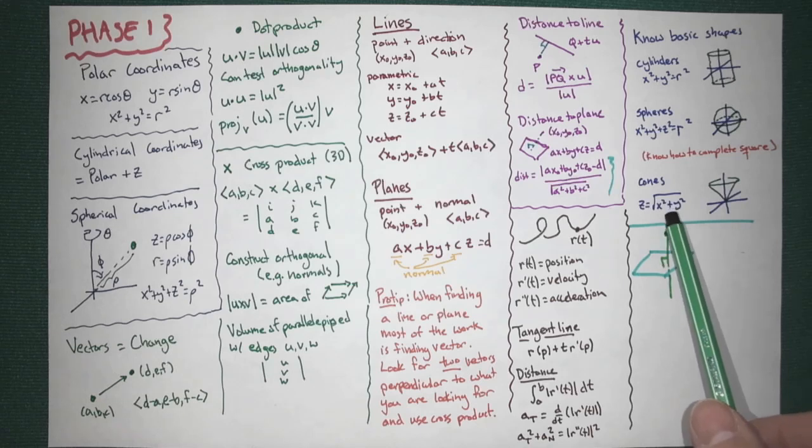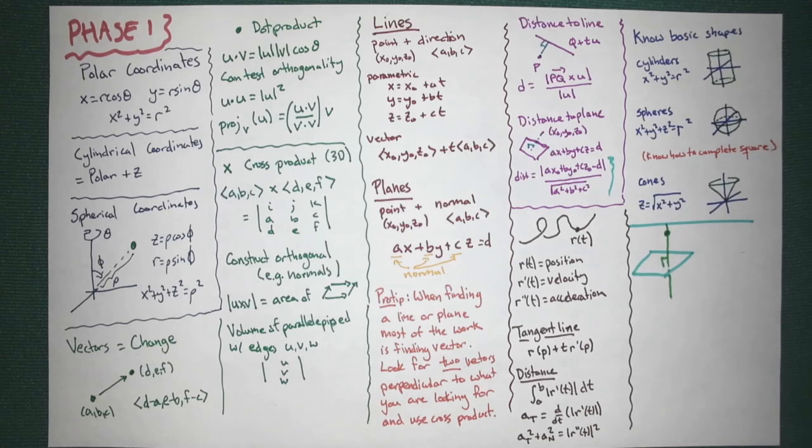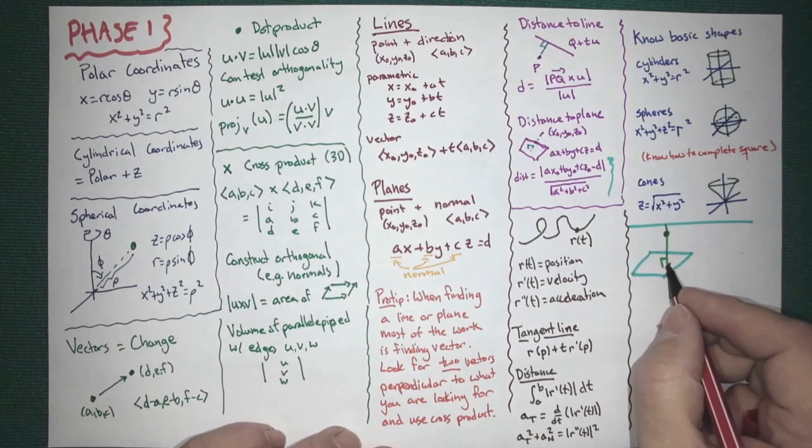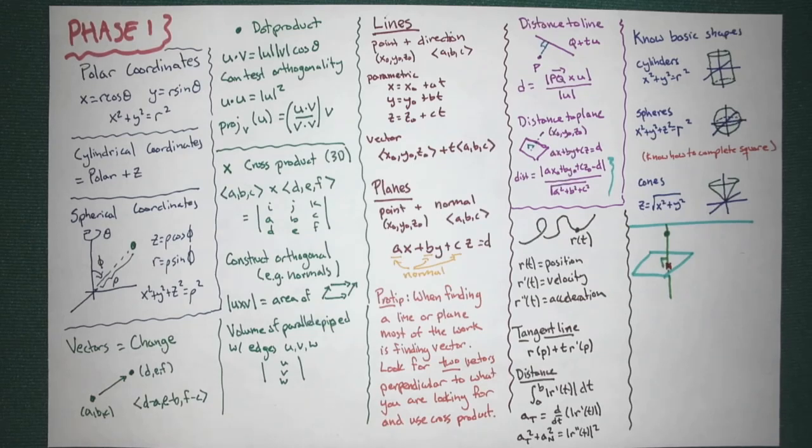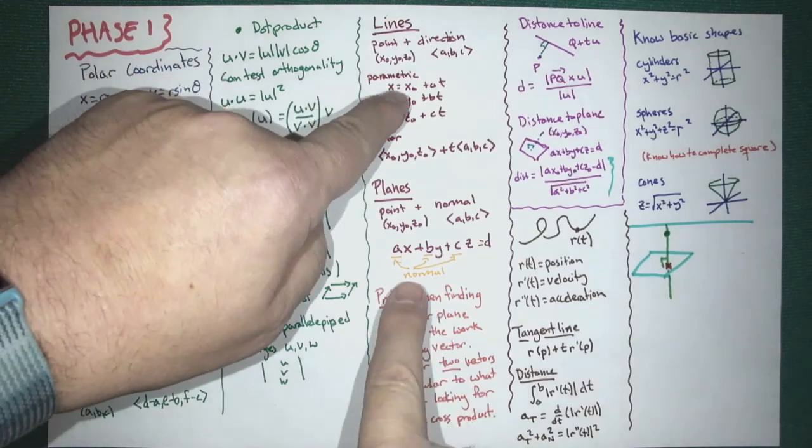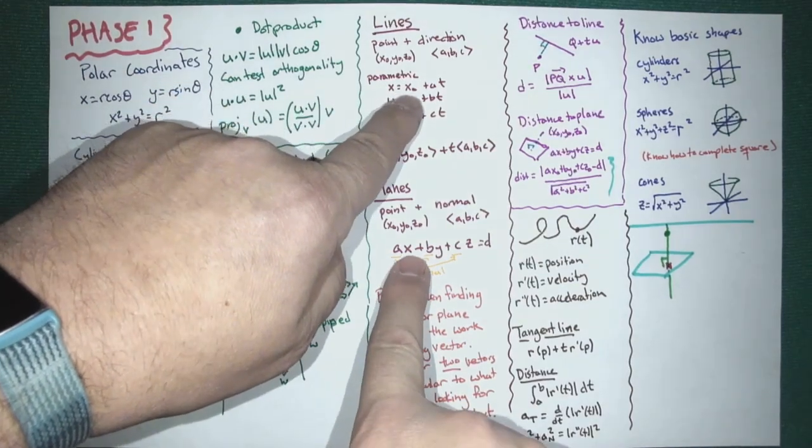Once I have my line, what can I do? If I have a line and a plane, what can I do with those two things? I can find where they intersect. How can you find where they intersect? Well, take the formulas. So here's x.